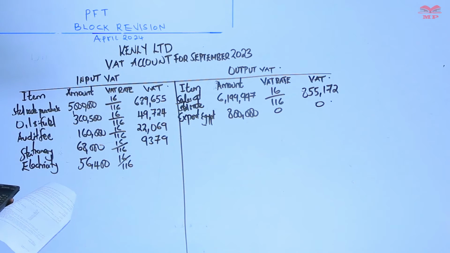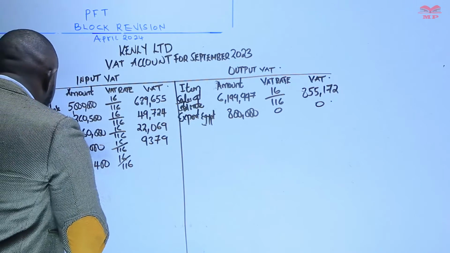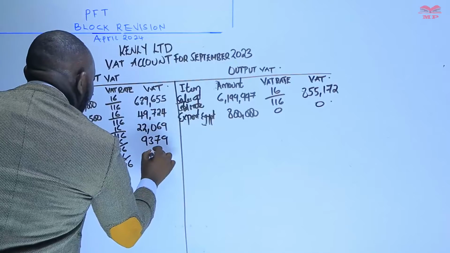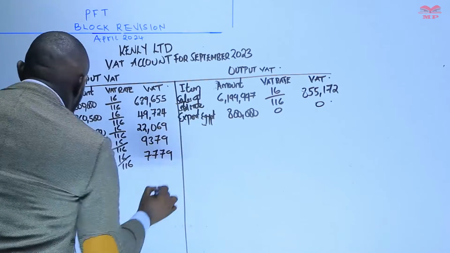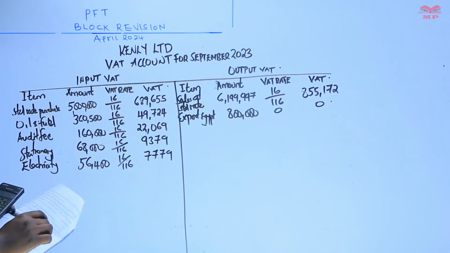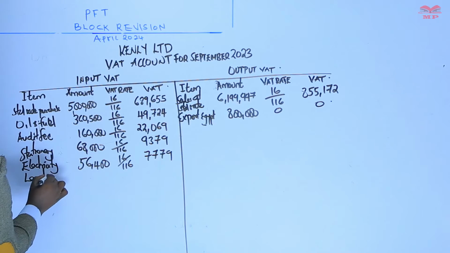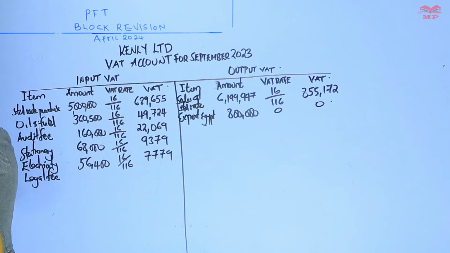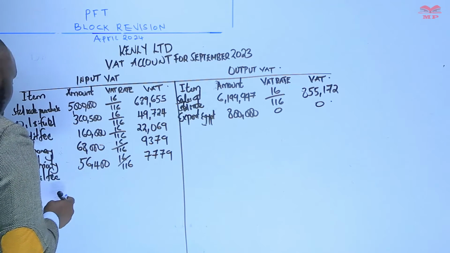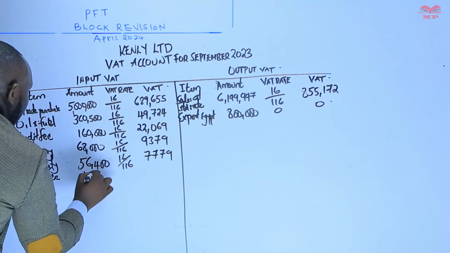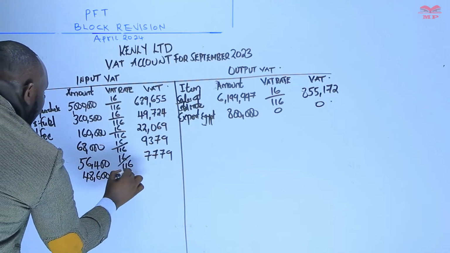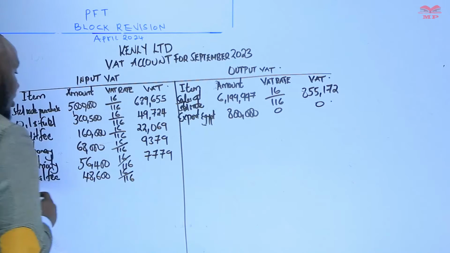So the figure is 7,779. Next is legal fee. The figure for the legal fee is 48,600 times 16 over 116.